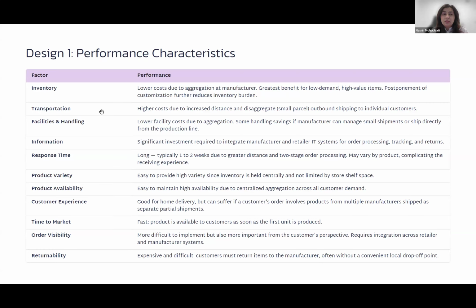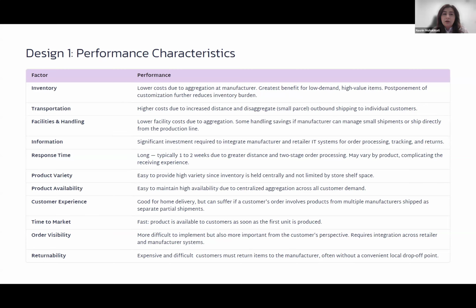In terms of transportation, the cost of transportation might be high, and the reason is that from manufacturers, which are far away from the customers, there will be small amount of shipments. And each time a customer places an order, there will be a shipment. So there are so many small shipments for long distance.